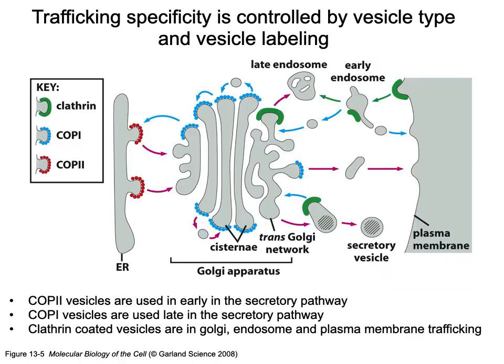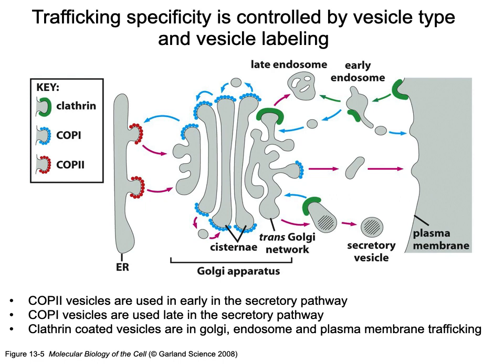Our next figure shows you the different trafficking patterns that can occur based off of the different vesicle type in their labeling. We can see with COP2, we can have movement from the ER to the cis side of the Golgi apparatus.